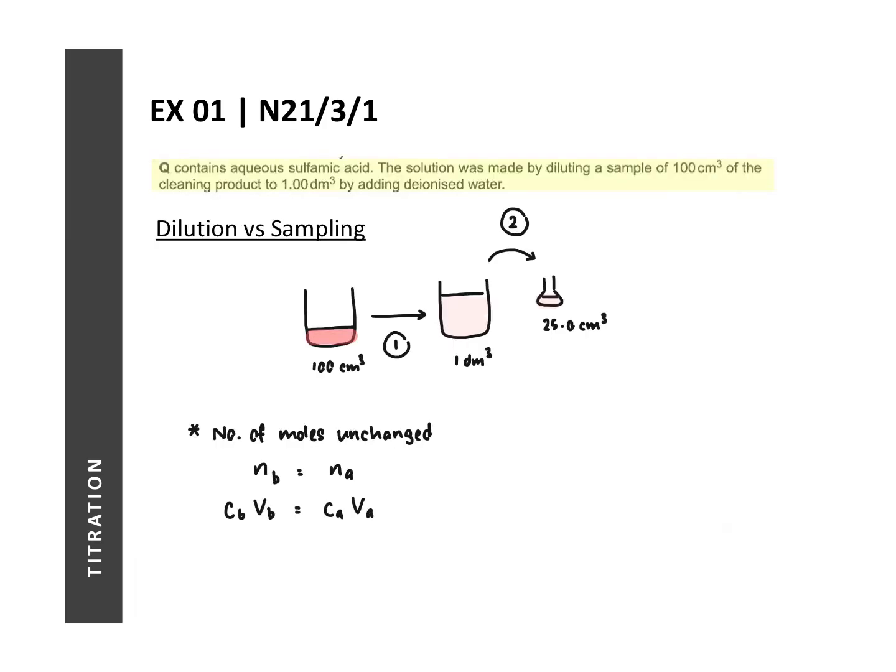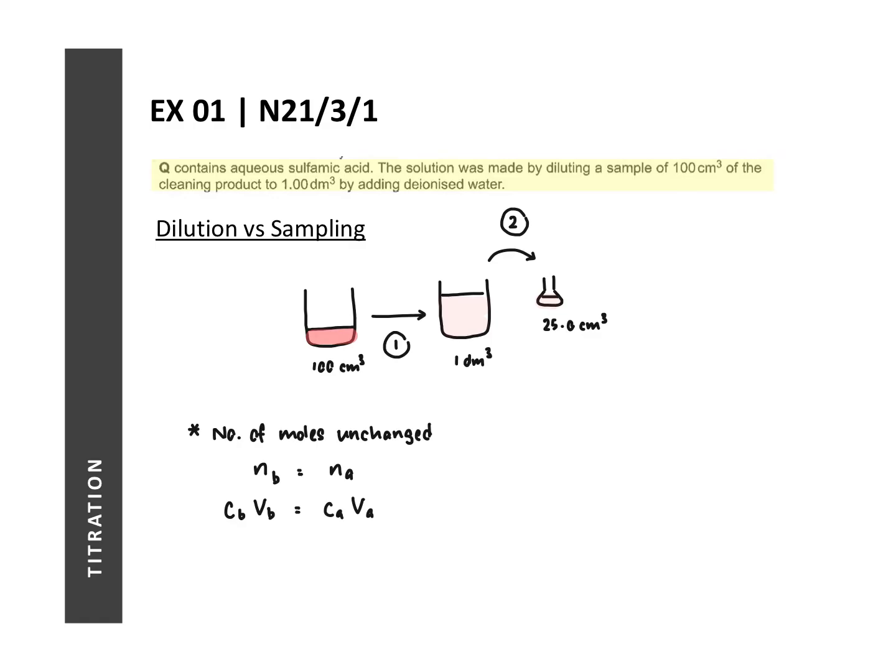Now, if we look at the story behind this titration, it's talking about some cleaning product that contains sulfamic acid. And this cleaning product that contains sulfamic acid was then diluted to produce solution Q. And in the titration, we actually made use of this solution Q.